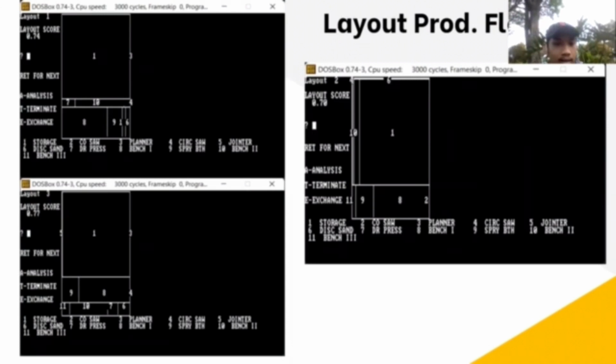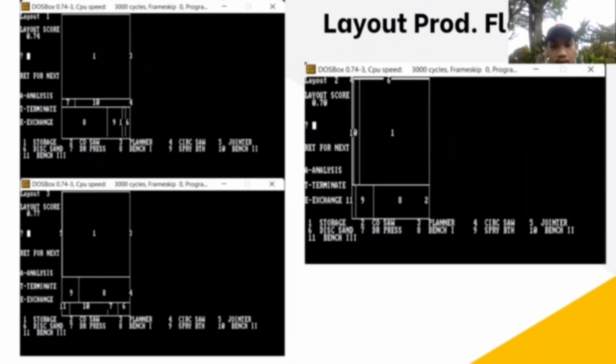As we can see in the figure beside, there are three types of layout: layout 1, layout 2, and layout 3.